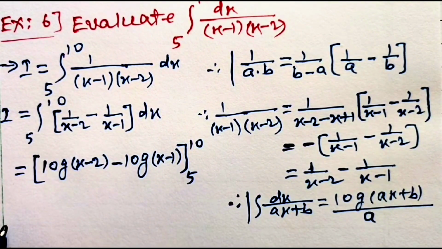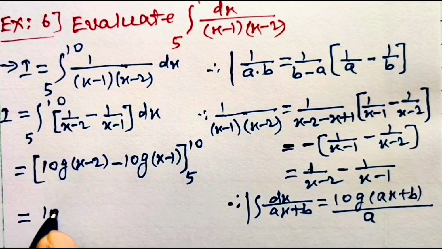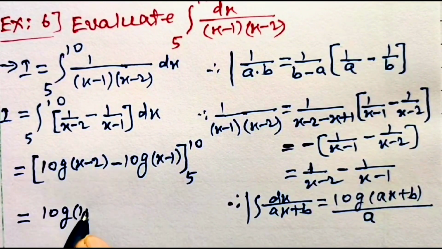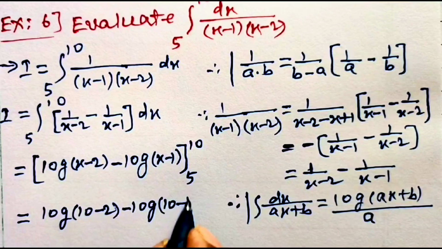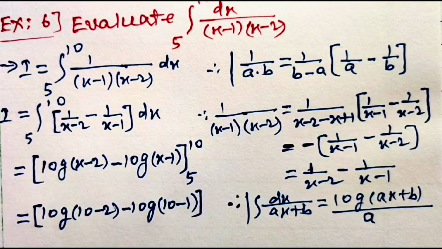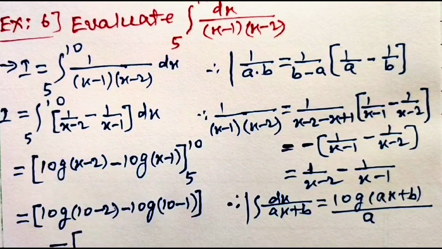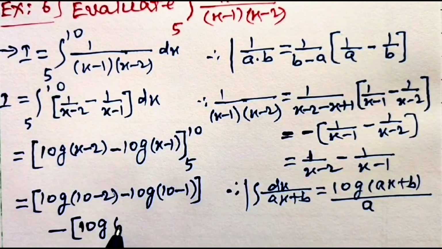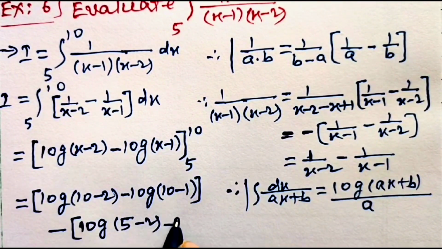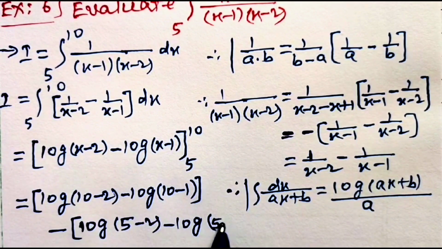So I is equal to logarithm of upper limit 10, 10 minus 2, minus logarithm of 10 minus 1, and if we substitute the upper limit, then minus, we substitute the lower limit 5: logarithm of 5 minus 2 minus logarithm of 5 minus 1.